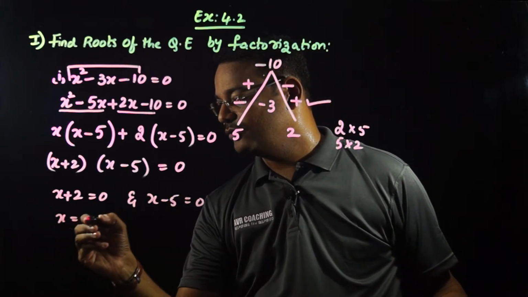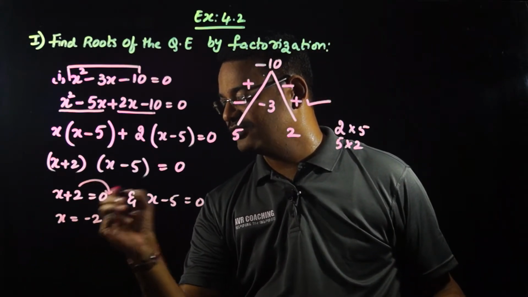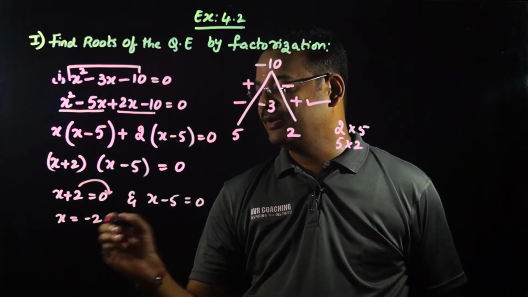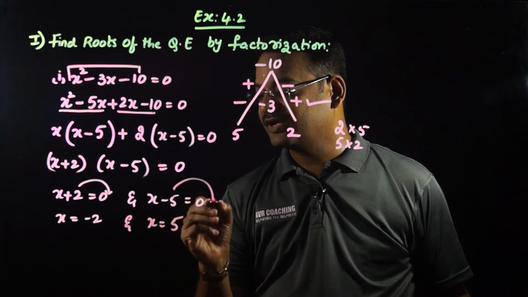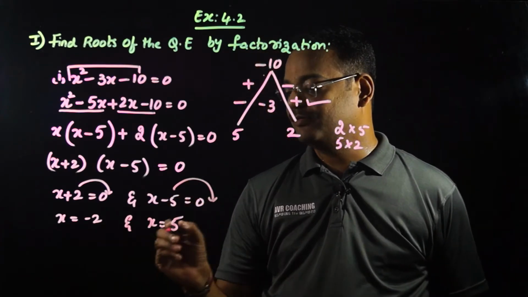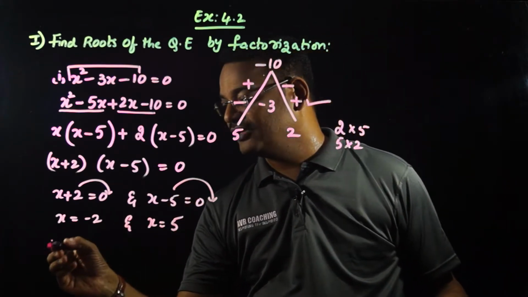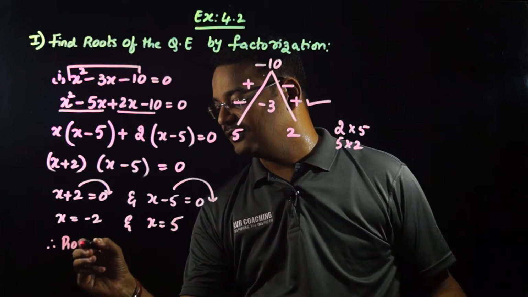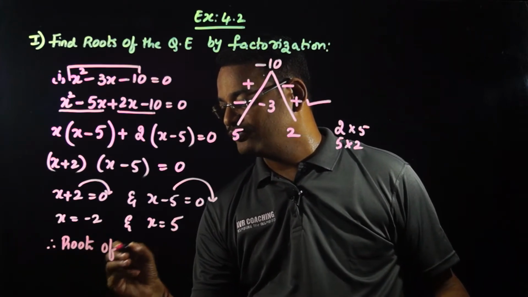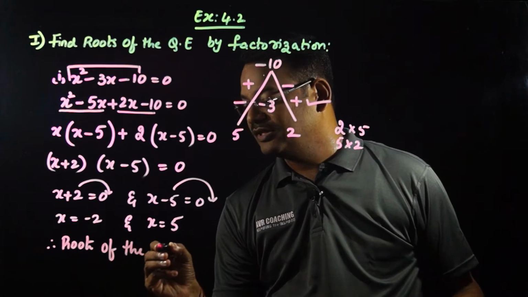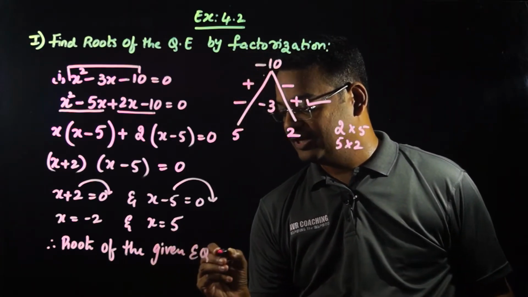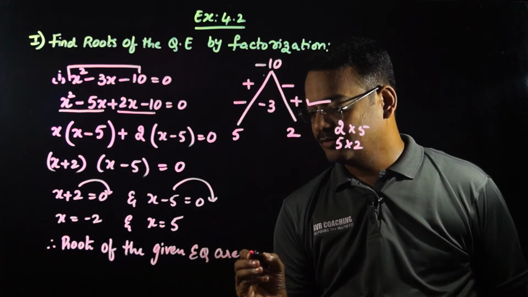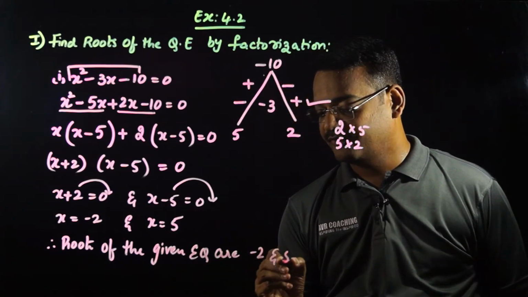So x equal to minus 2, because if plus 2 comes to the right hand side of the equal to sign, it becomes minus, and x equal to 5, because when minus 5 comes to the right hand side, it becomes plus 5. So the roots of the given equation are minus 2 and 5.